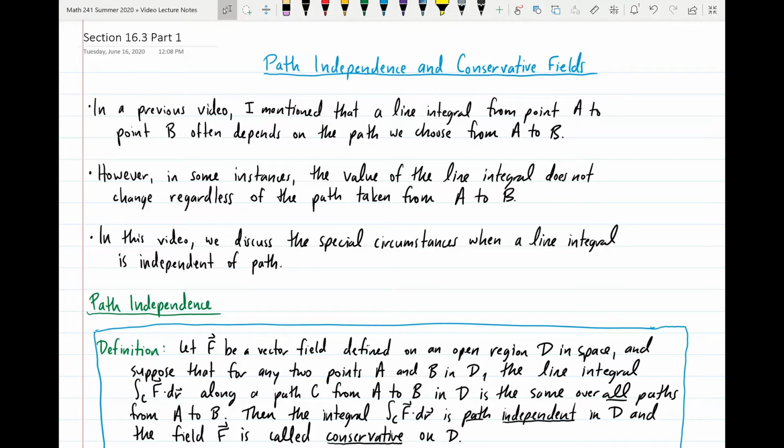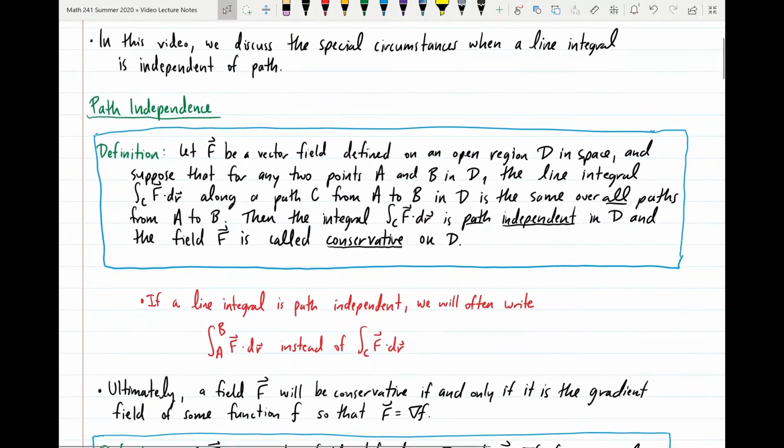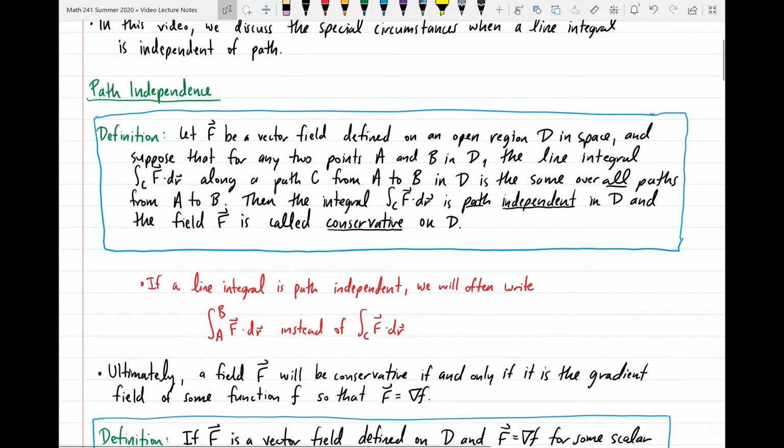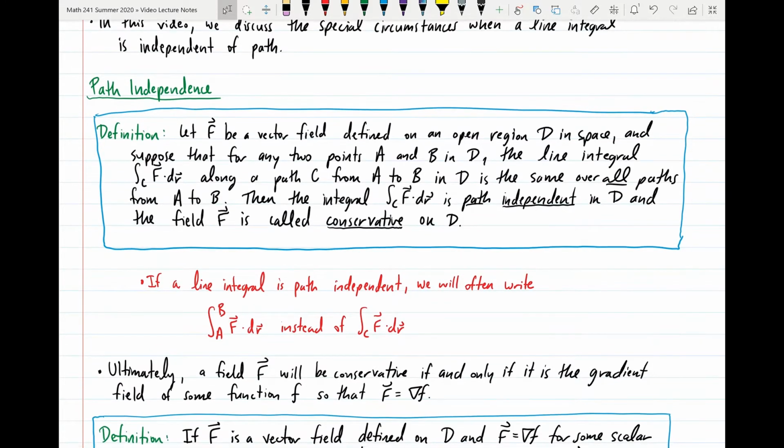And in this video, we will discuss the special circumstances when a line integral is independent of path, hence the topic path independence. Okay, so here's our definition of path independence as well as the definition for a conservative vector field.